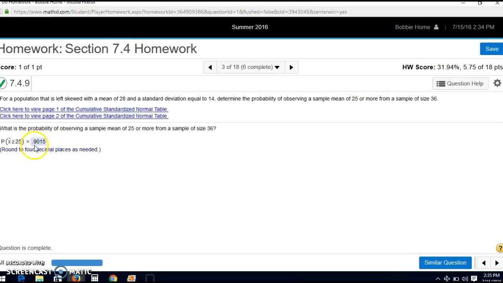Well, 0.90 is pretty probable. That means there is a good chance that our sample mean is going to be 25 or more because our population mean is 28. So the higher this is, the closer it is to 1, the more likely it would probably occur.